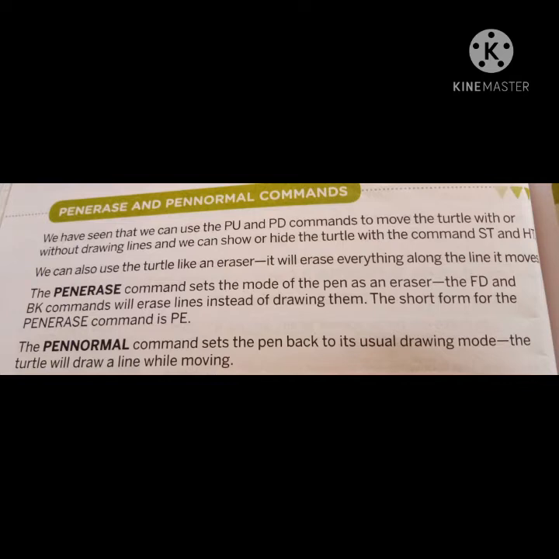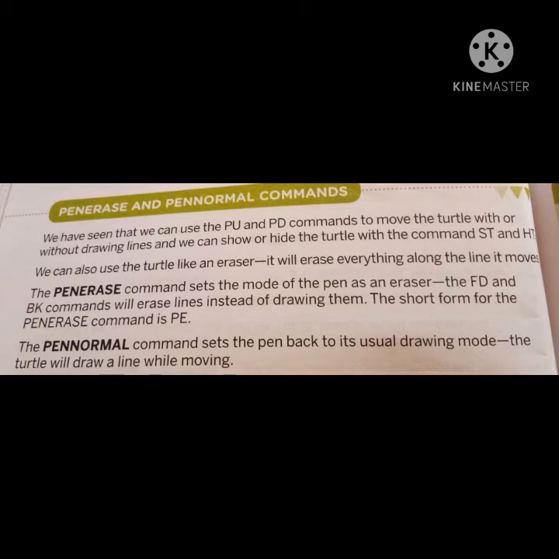After setting pen erase command, you have to use FD space 100 or 50 to move the cursor. So the cursor moves without a line because it is drawing a line, and at the back the eraser is erasing the line. So the line will not be visible because it is getting erased.